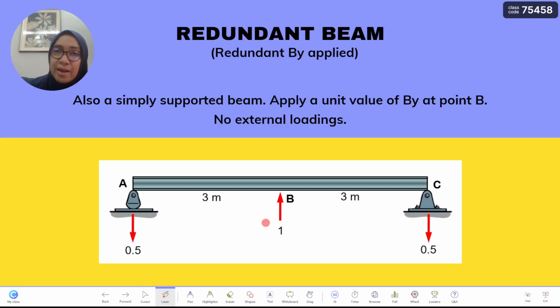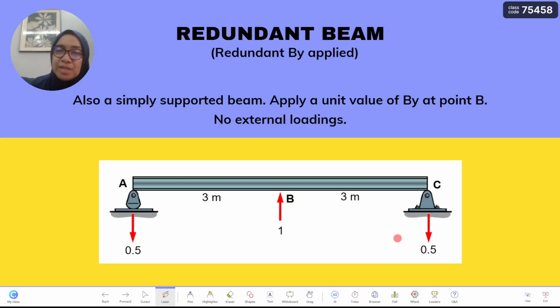Looking at this diagram, it is just like a virtual system, a determinate system subjected to virtual load. But this time, it is a determinate system subjected to a unit value of By.